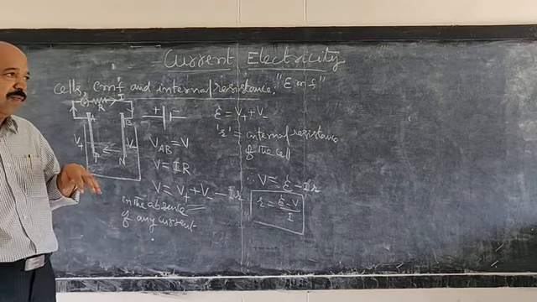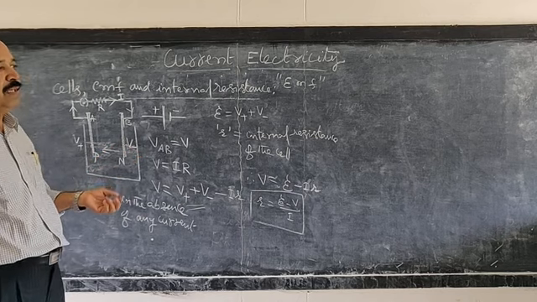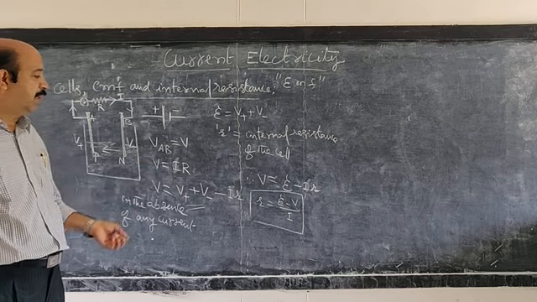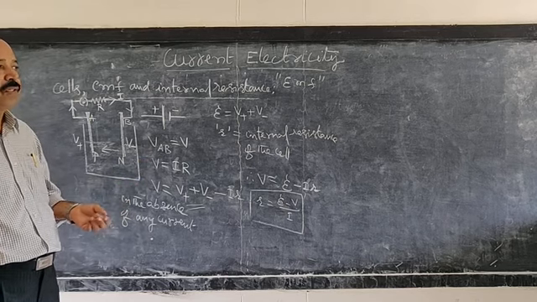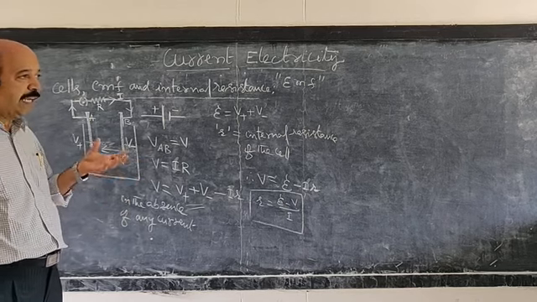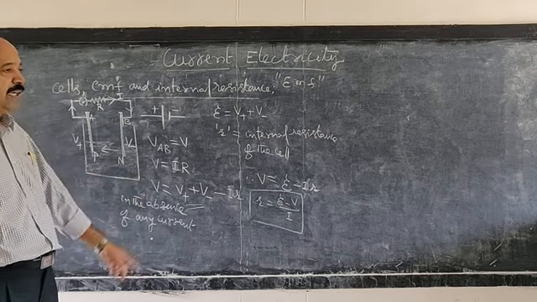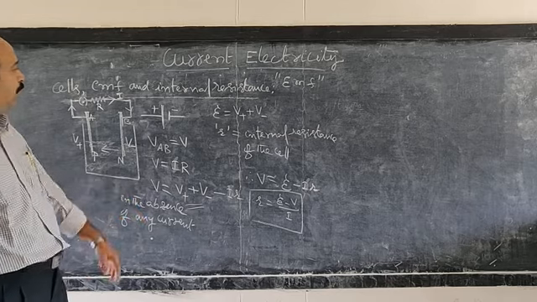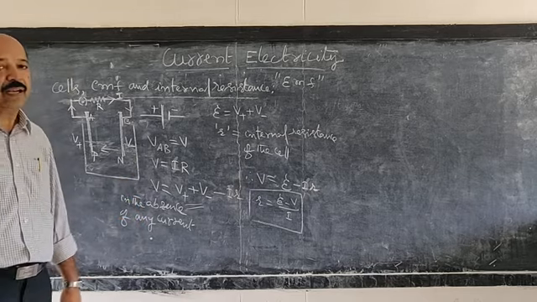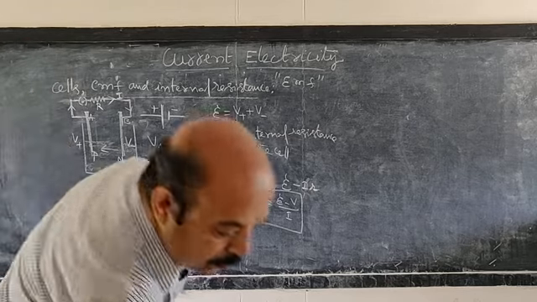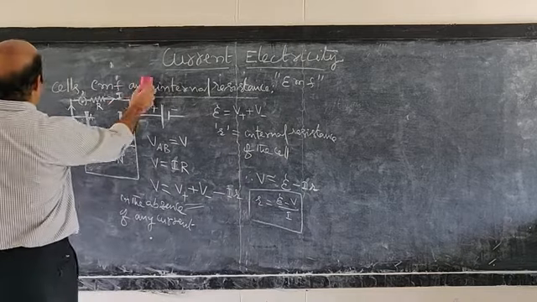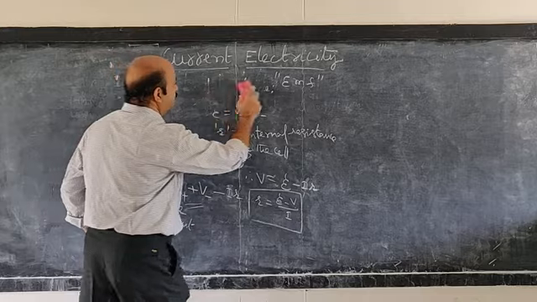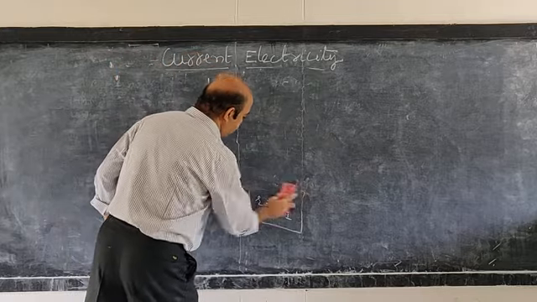We may neglect it for practical applications, but in some cases it will be comparable with the external resistance. So for an ideal cell, the internal resistance is considered to be 0. Now we will go to series and parallel combinations of cells. Let us see what is the effective EMF in case of parallel and series connection of the cells.